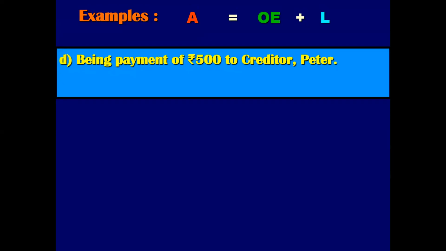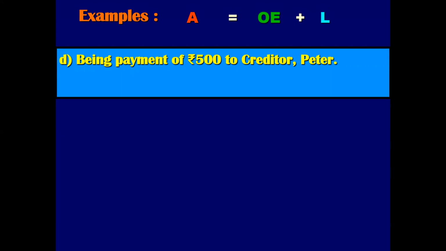Being payment of rupees 500 to creditor. For example, to creditors you have to pay 1,000 rupees. Your creditor payment is 1,000 rupees. Today you just pay 500.